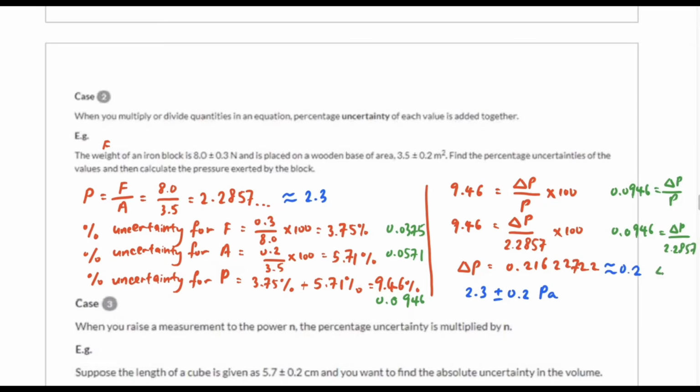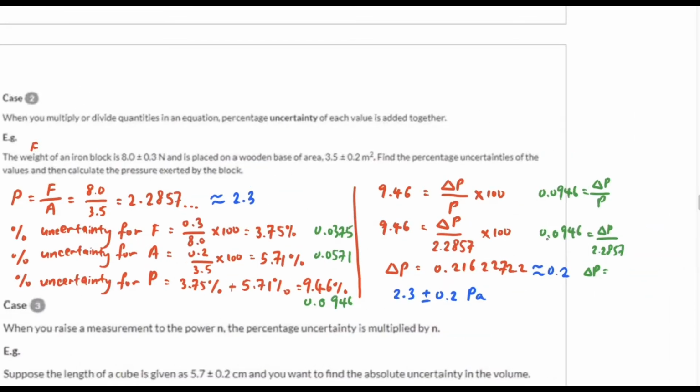And then you get delta P. Okay, so 0.0946 times 2.2857. You get the same value actually. You get 0.21622 and so on. So you round off to 0.2.